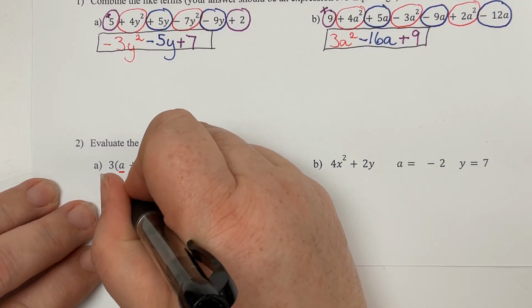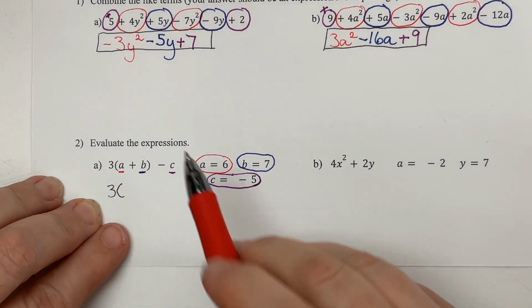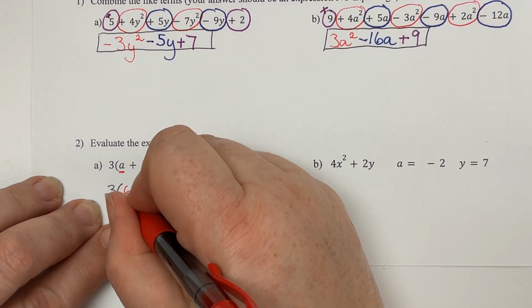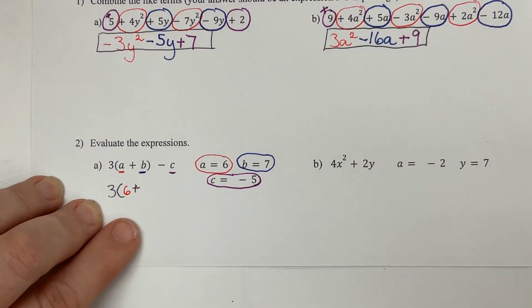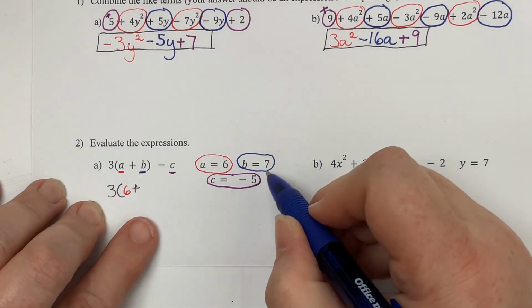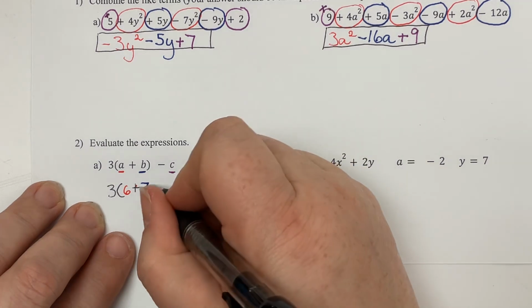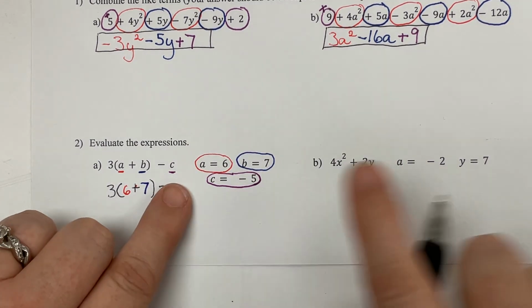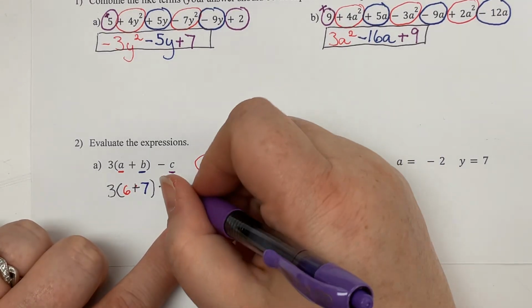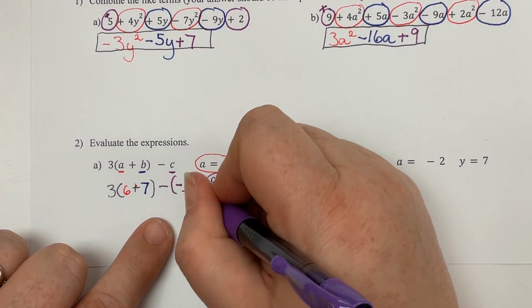I have 3 times A, which is 6, plus B, which is 7. Okay, close my parentheses, minus C, which is a negative 5.